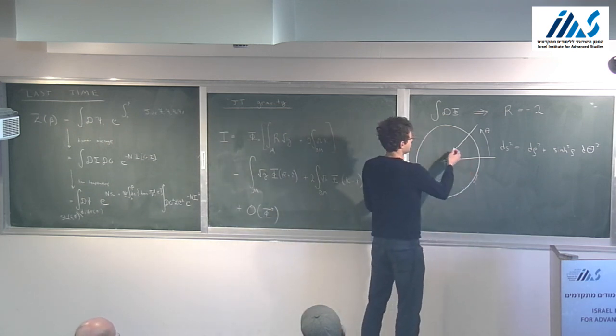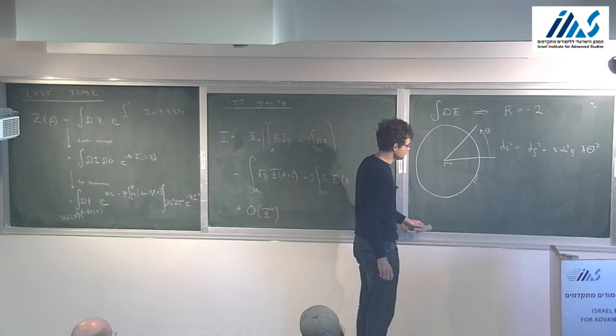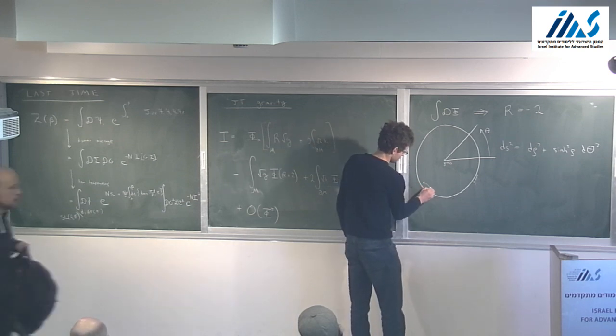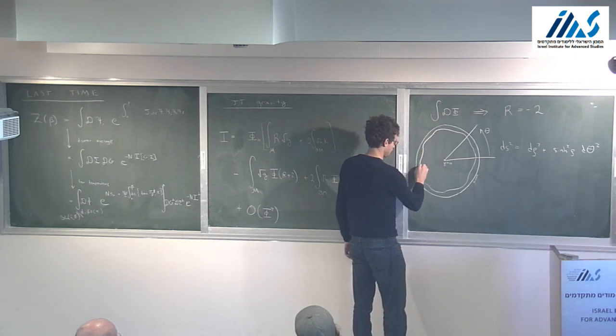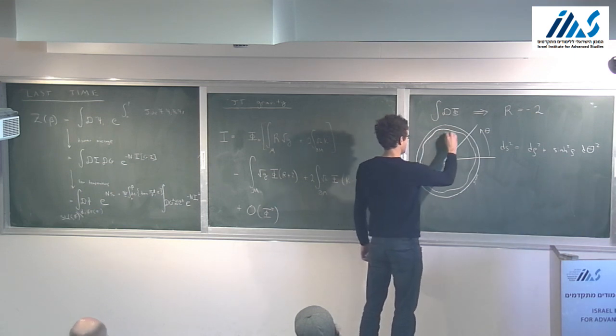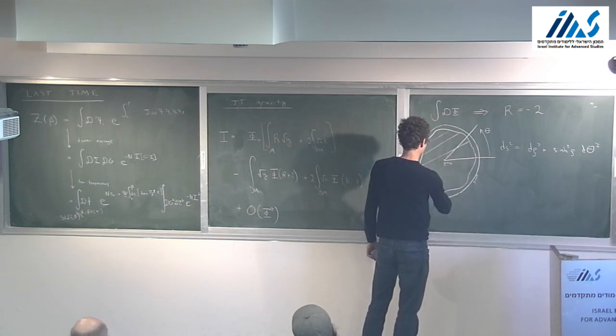And an example of a configuration that would contribute to Z of beta would be a region where we cut out some droplet from the hyperbolic plane like this, and we take everything inside that curve.